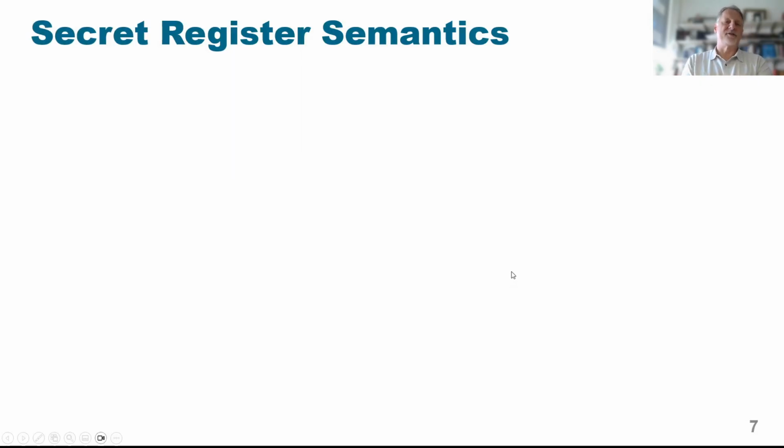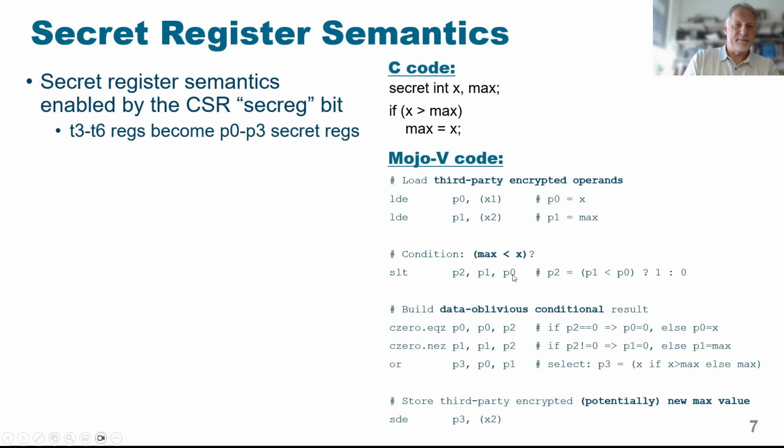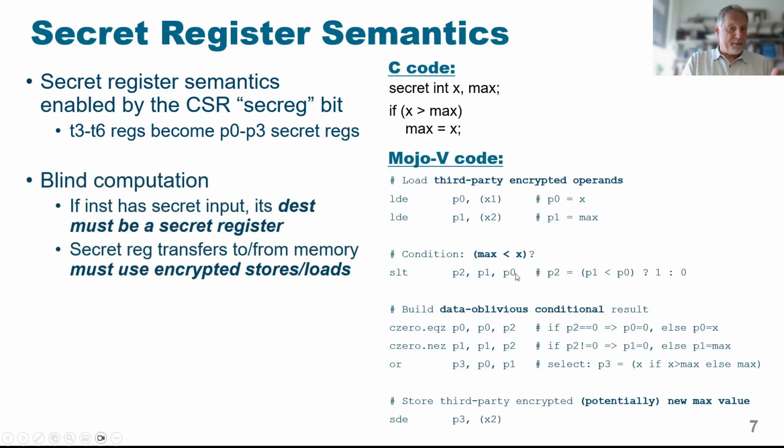Let's take a look at those secret register semantics. There's a CSR register that materializes when you have Mojo-V enabled hardware. And it has this secret register bit. And when you turn on that secret register bit, you all of a sudden get secret register semantics out of the lower 4 registers of both the integer and the floating point register files. The computation is blind.